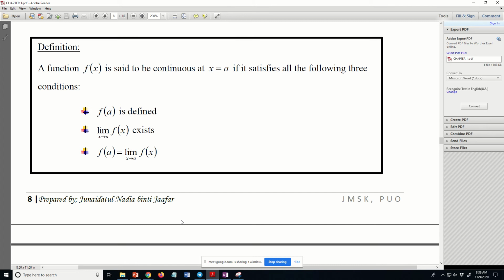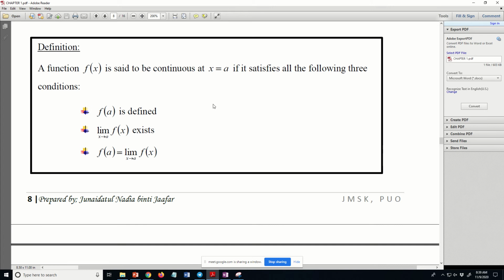Okay, so maksudnya apa? Okay, maksudnya when you want to test a function, when you say it's a continuous, so you must apply these 3 condition. Kalau 3 condition ni, fa is defined, limit exists for a, and then fa and limit is equal, maksudnya dia akan jadi sama lah. Okay, this is what we really want lah.